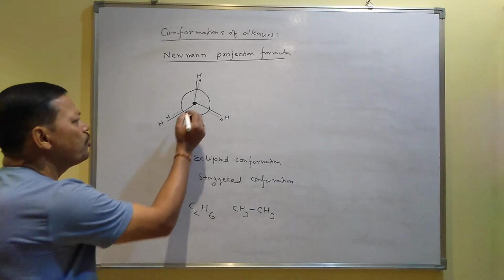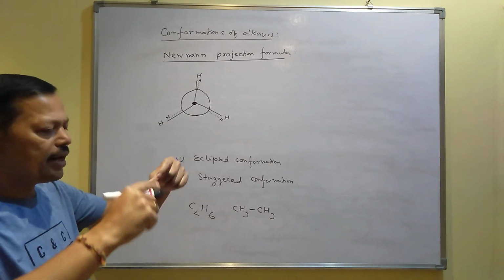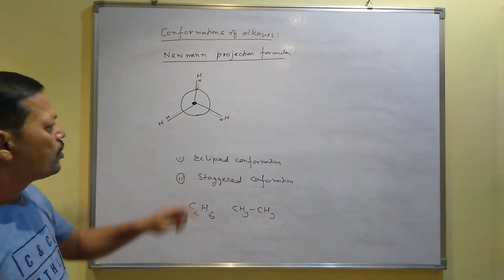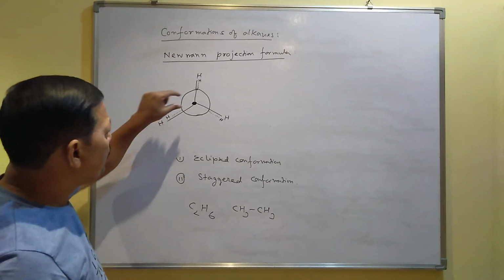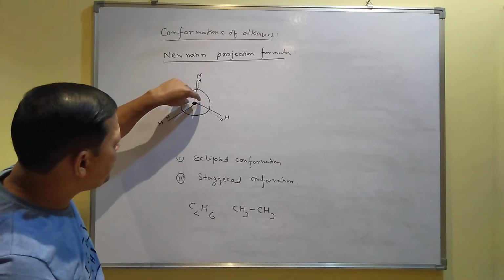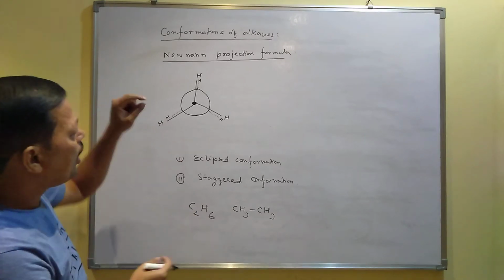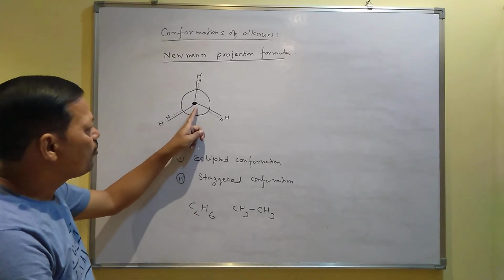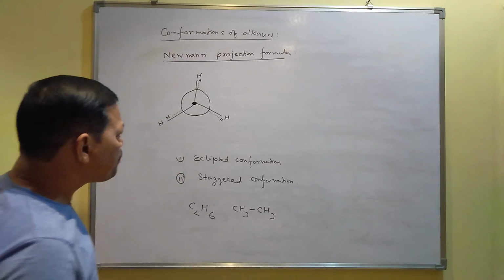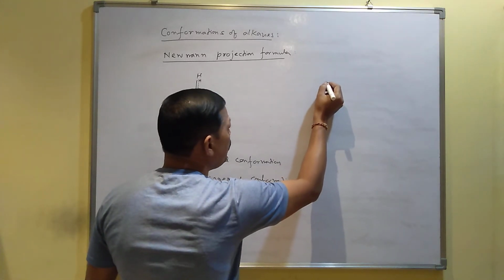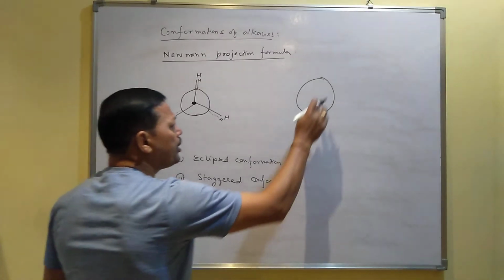Now, as you know, this carbon and the back side carbon contain a sigma bond, and that sigma bond you can rotate. So by fixing the first carbon, I mean the front side carbon, you rotate the sigma bond. You don't rotate the front carbon, you rotate the backside carbon with the bond. So when you rotate the carbon-carbon bond, what happens?